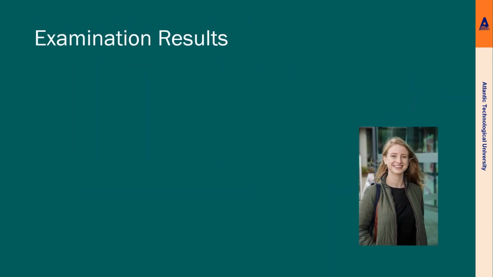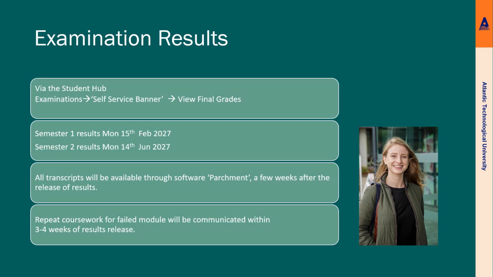So, following the examination period, there's about 2 or 3 weeks where we are correcting all those exams and putting the results together, and the examination boards meet and they look at all the exams. In order to view your own exams, you need to go on to the student portal to what we call self-service banner, and there's an option there called View Final Grades.